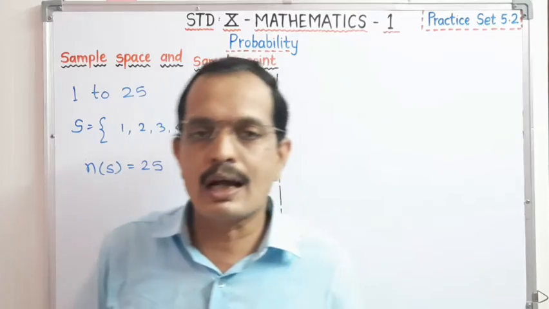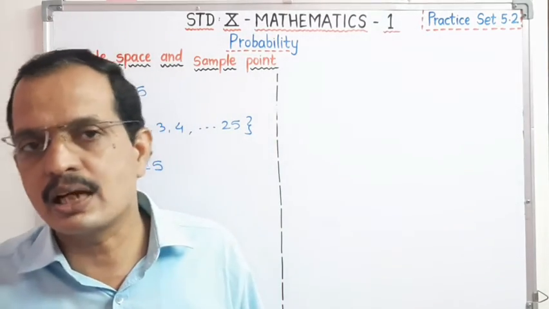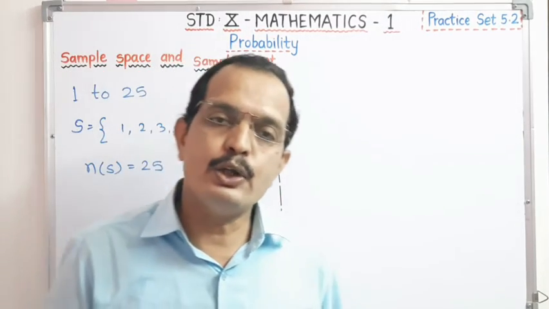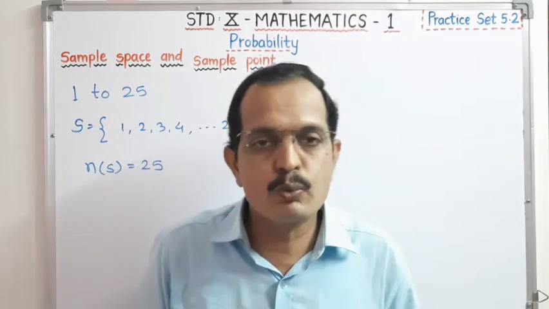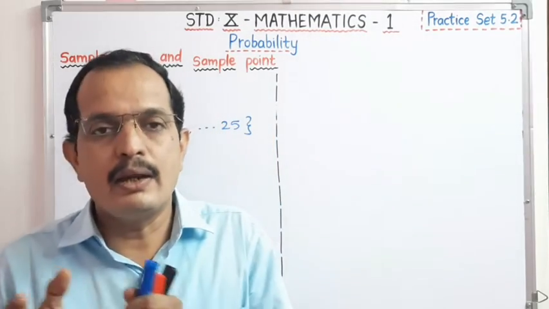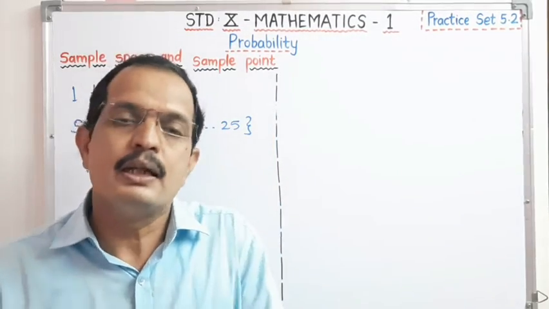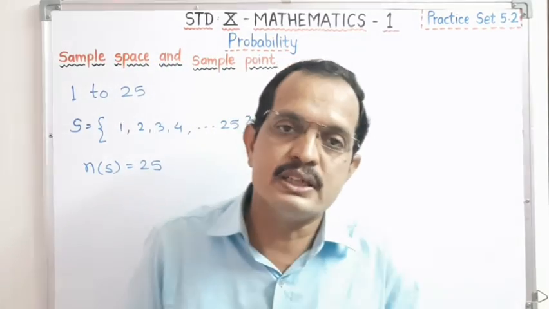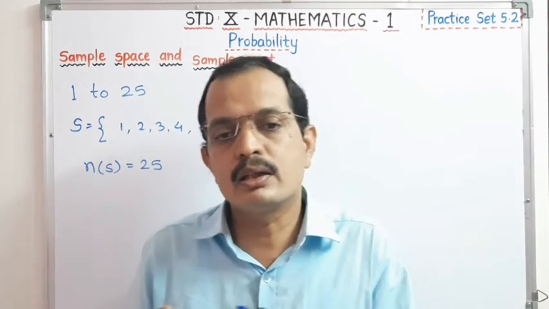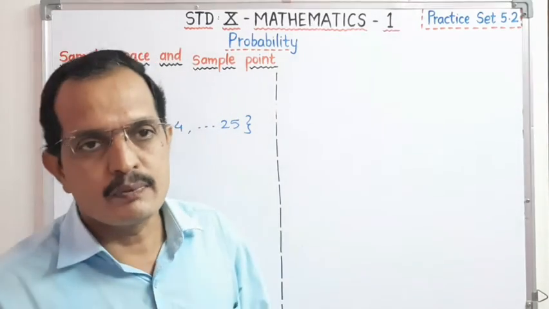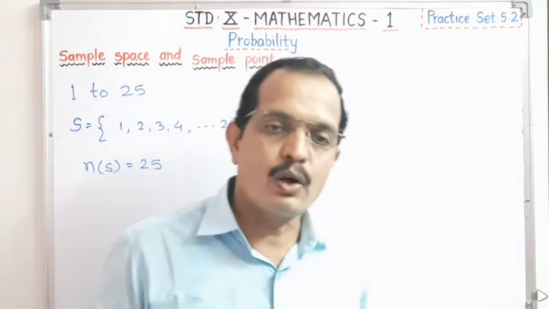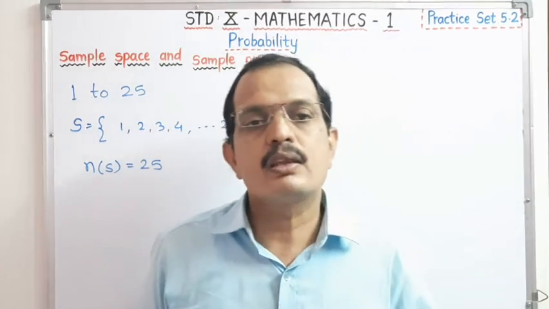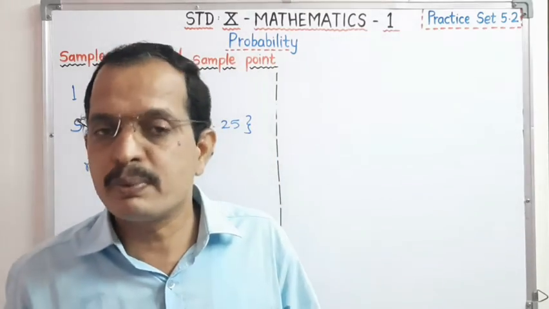Then the 26 black cards are divided into two groups of 13 cards each, depending upon the shapes. One is club shape and the other is spade shape. Therefore, 13 cards are of club shape and 13 cards are of spade shape.